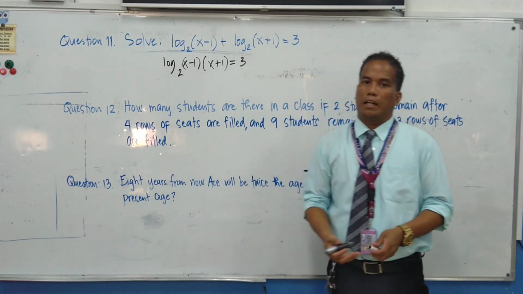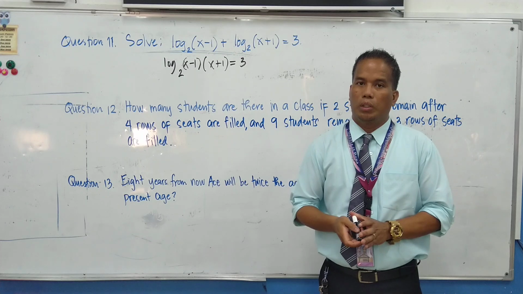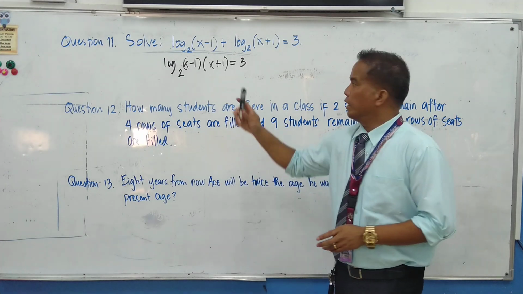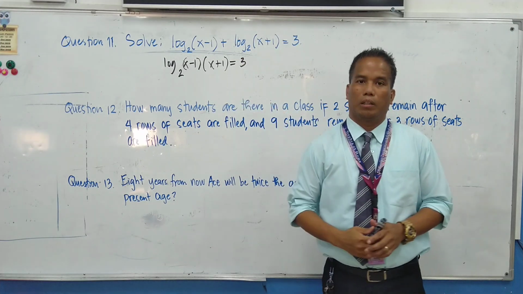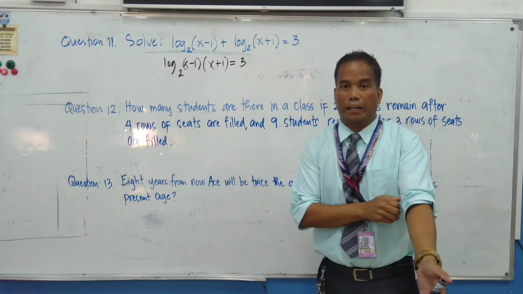So you will notice, class, we just use one base now, base 2. Then the operation, instead of addition, we change it to multiplication. So that is under the law of logarithm.